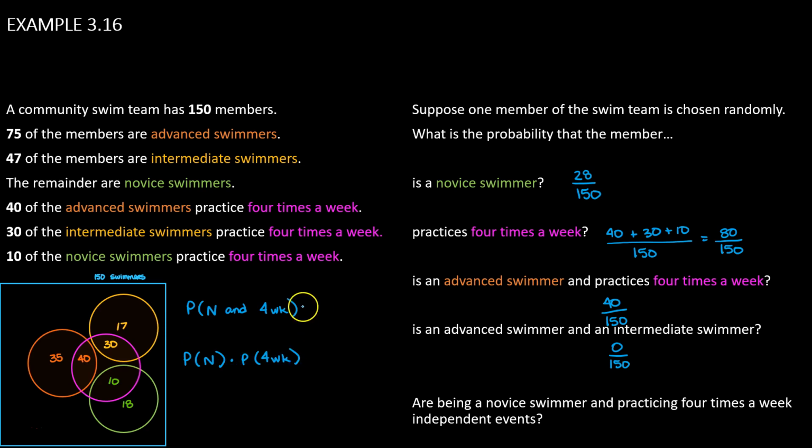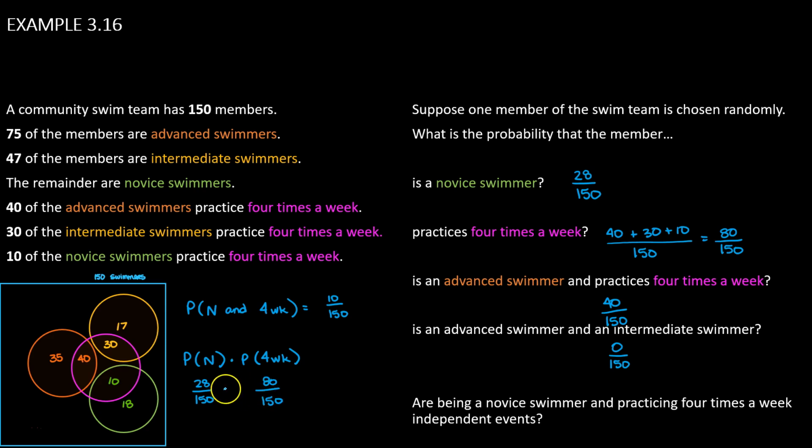Now we can find each of these probabilities and just check, do the results match? There are 10 swimmers who are both novice and practice 4 times a week, so that probability would be 10 out of 150. Probability of being a novice swimmer would be 28 over 150. And the probability of practicing 4 times a week, that's 80 over 150.